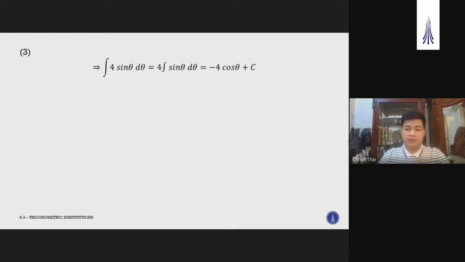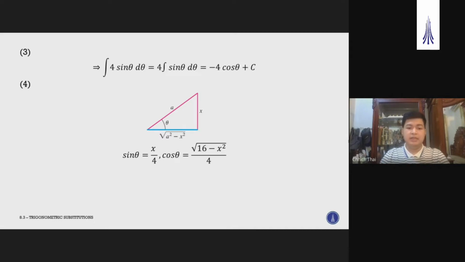But we also need to reverse it back to the original variable x. So we need to draw the reference right triangle. For this substitution, sine theta is the opposite side over the hypotenuse, which is x over 4, and cosine is the adjacent side over the hypotenuse, which is square root of 16 minus x squared over 4.